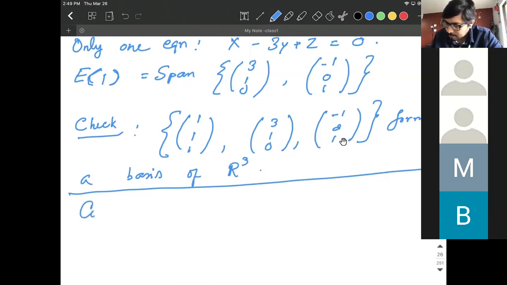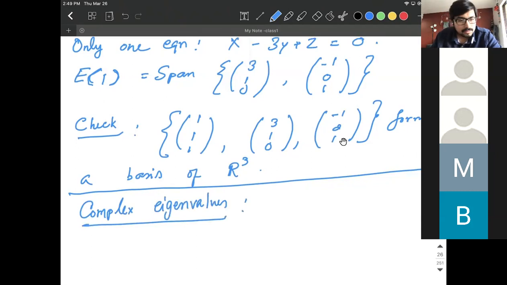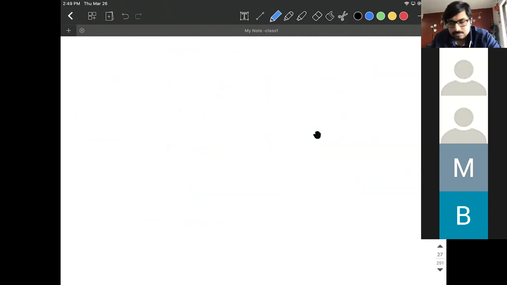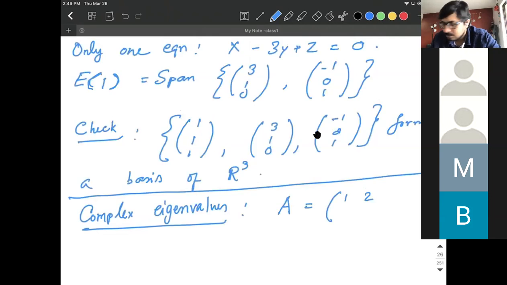the next example is for complex eigenvalues. So let's say you have A, which is this matrix: 1, 2, minus 2, and 1.